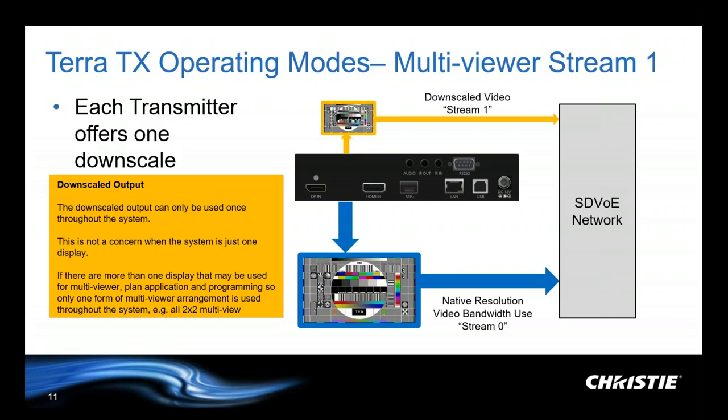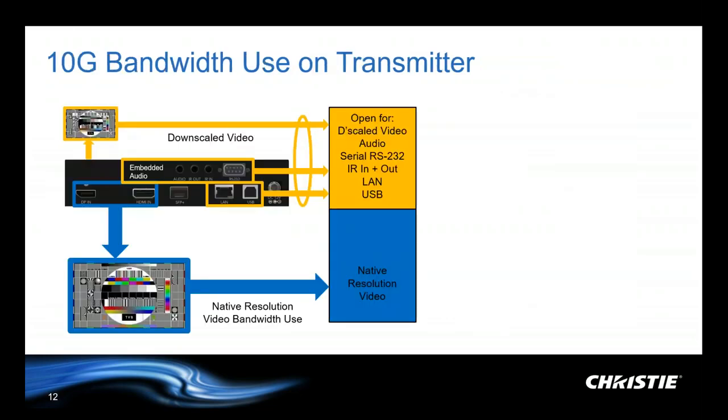What happens is you need to be able to manage the bandwidth that the TX is using between stream 0 and stream 1 and the rest of the control, the USB and the network stuff. This is something that's pretty fundamental when you're using the multi-view mode, and this is actually part of the SDVoE standard.